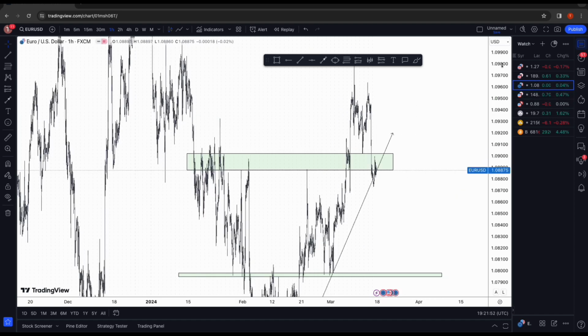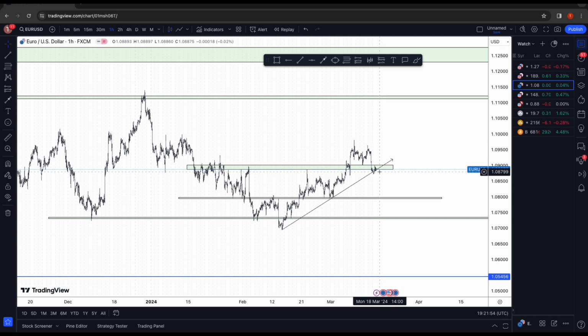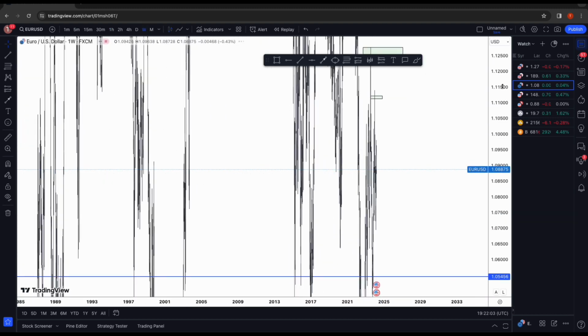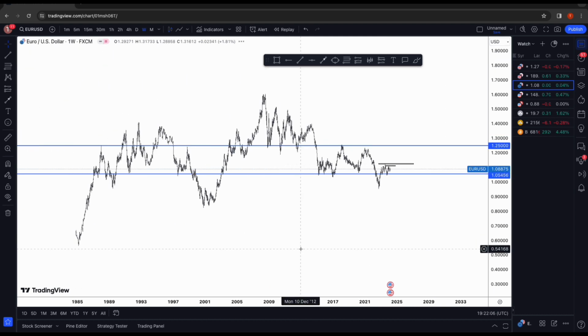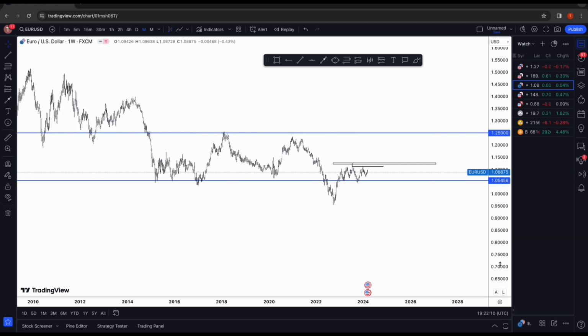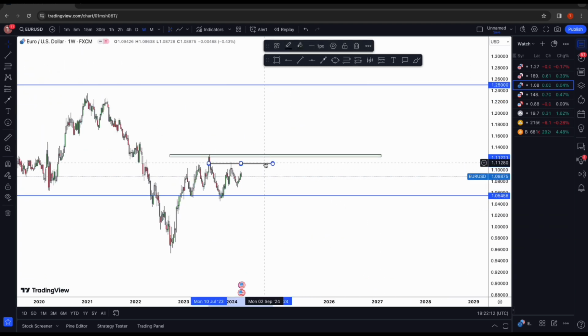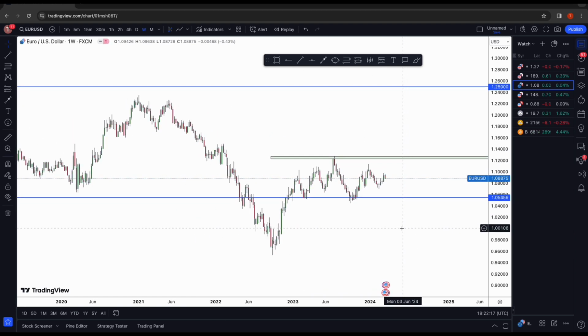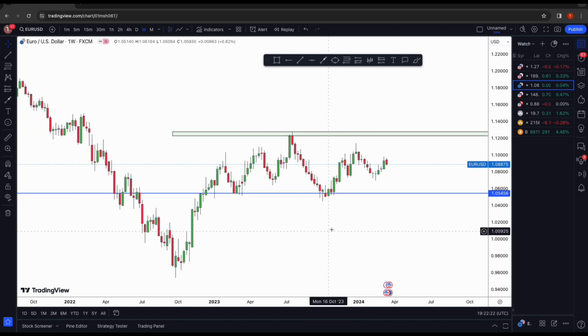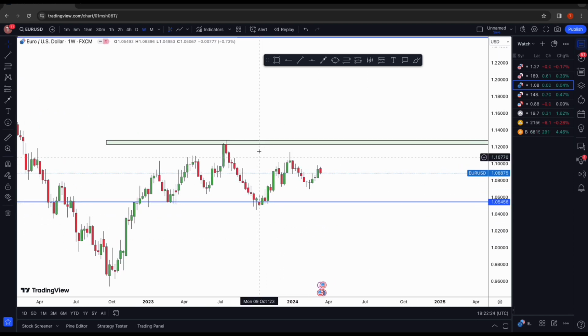Euro USD. Let's go to the higher time frame. So my key levels are marked off. So price is between these 2 support and resistance zones.